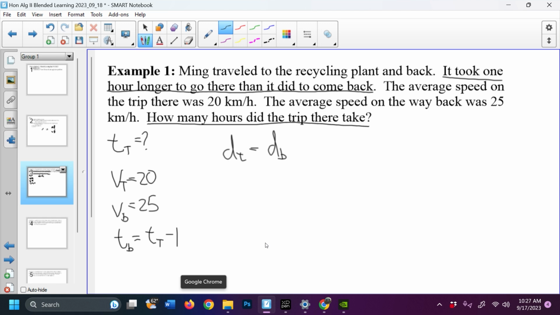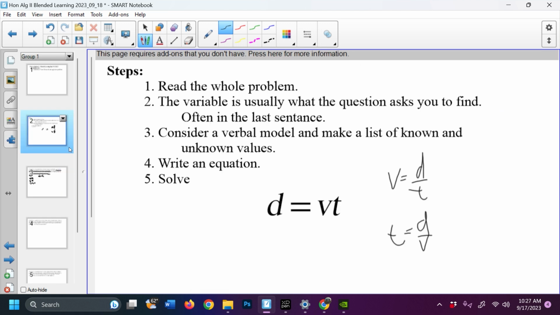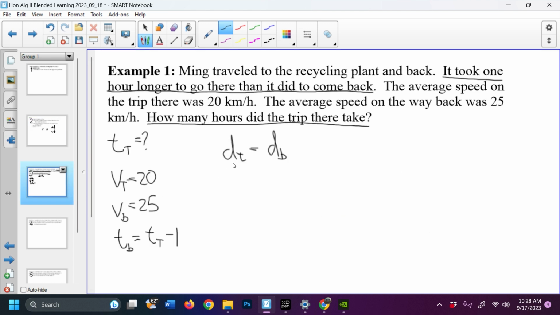That makes sense because he was faster on the way back. So let's use distance equals velocity times time. Since the distance there was equal to the distance back, then the velocity there times the time there should equal the velocity back times the time back.